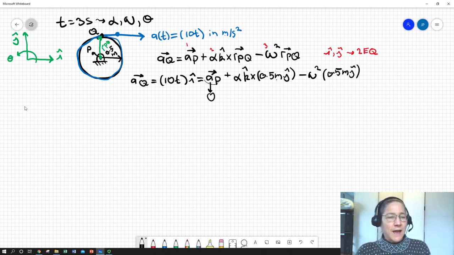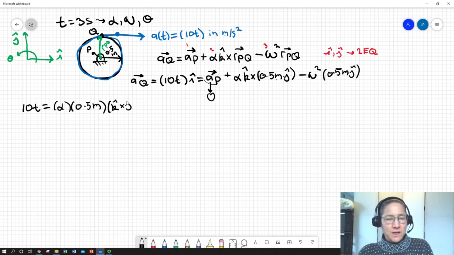So we can rewrite our 10t as AQ, and we can work out our cross product here, and we can say alpha times 0.5 meters times k hat cross j hat, minus omega squared times 0.5 meters j hat.